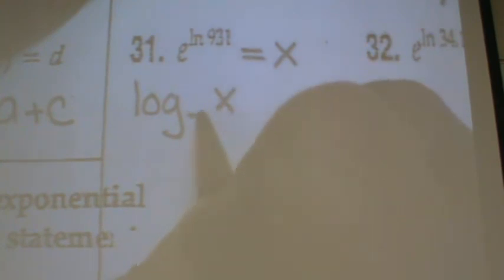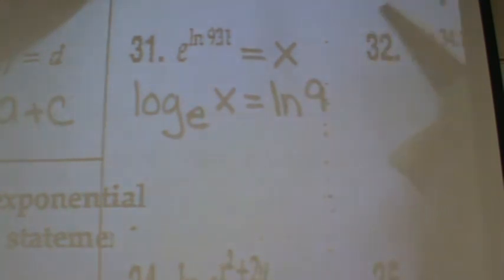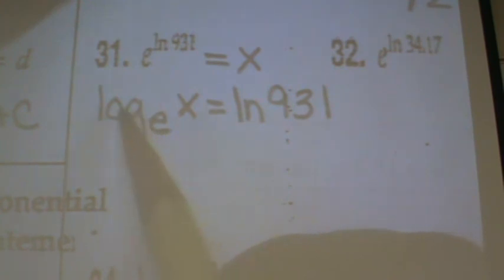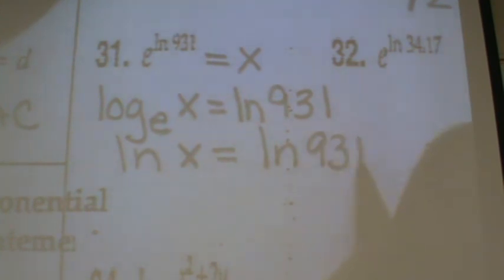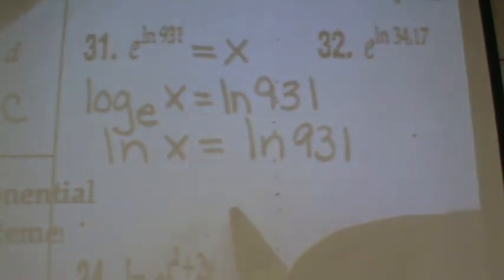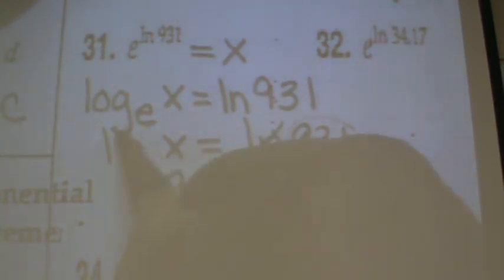Log of x base e is equal to ln 931. What's another name for ln, log base e? ln x. So what's the answer? Right there, 931. See, these two ln's cancel out.